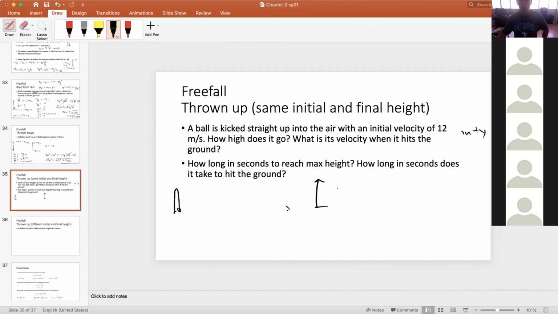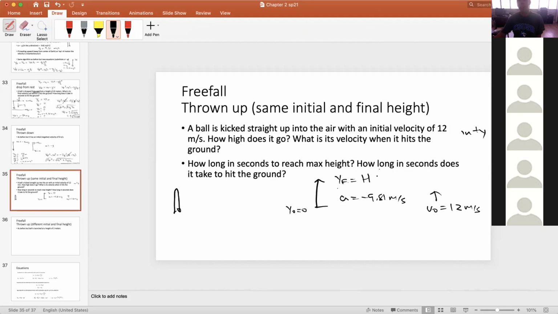So we know that y initial will be 0. We have to go up. Y final, I'm going to call h. I don't know what h is. Gravity is still negative 9.81, still downward. And there's a few things that I know. I know my initial velocity is positive 12 meters per second.